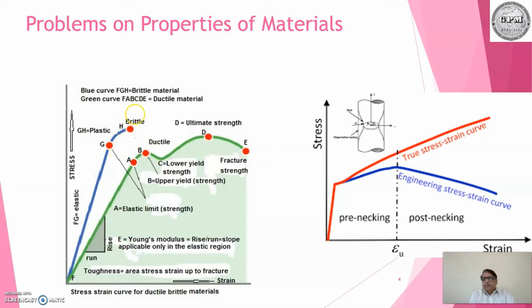Because after this proportional point, permanent deformation takes place, hence we are using the strength up to the yield strength only. Since for the brittle material we cannot have the yield strength, that is why we are using the ultimate strength, because it will not have any necking portion here.